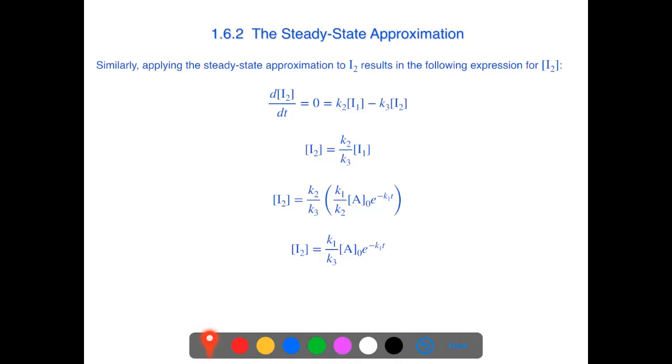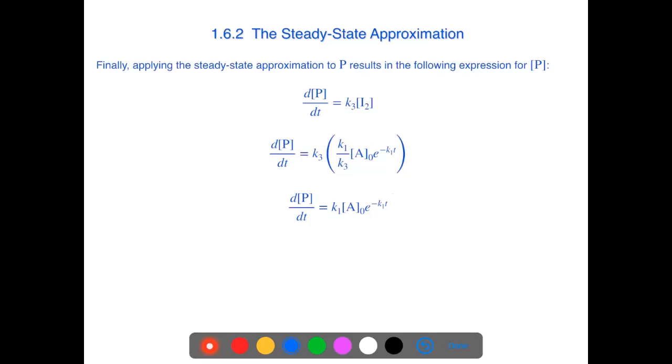And so we can carry out that substitution, and as a result, we end up with a solution for I2, where the rate constant K2 will cancel in our final expression. So now we have solutions for I1 and I2, and as you can see, mathematically, we haven't had to use any complex integrals to solve for these particular concentrations.